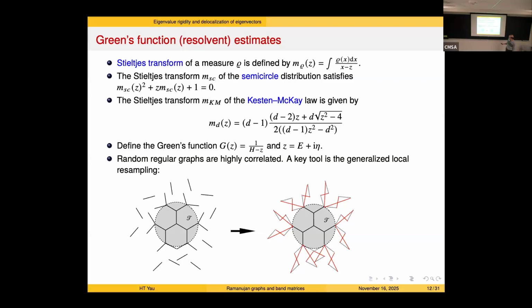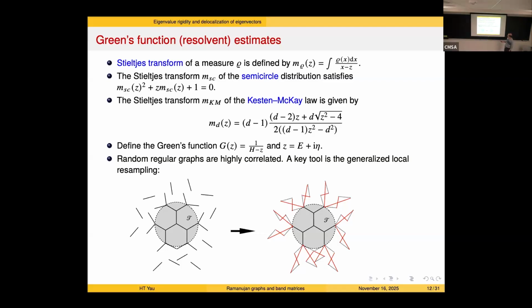Now you randomly choose the same number of edges as the boundary edges, and you resample them.